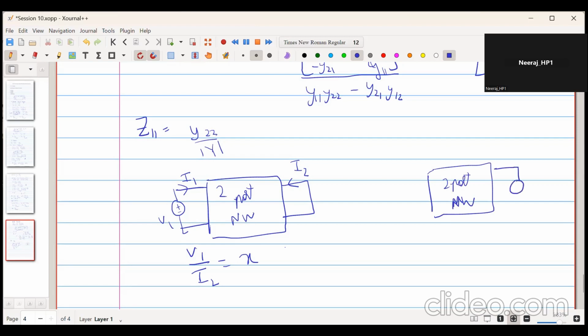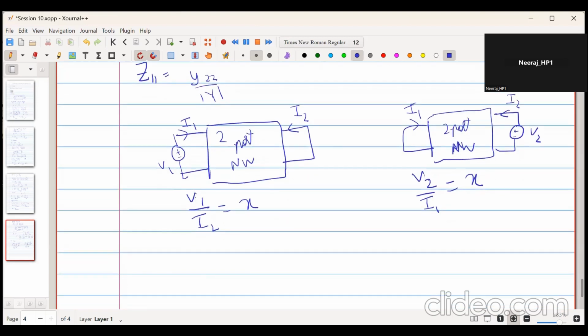I apply voltage source plus minus V2. Okay, I2 shows over here and I short this side and this is I1. And if I get V2 upon I1 to be equal to X, that is the ratio of the excitation and the output. Similarly, the ratio of excitation and the output remains the same, then that network is said to be reciprocal.